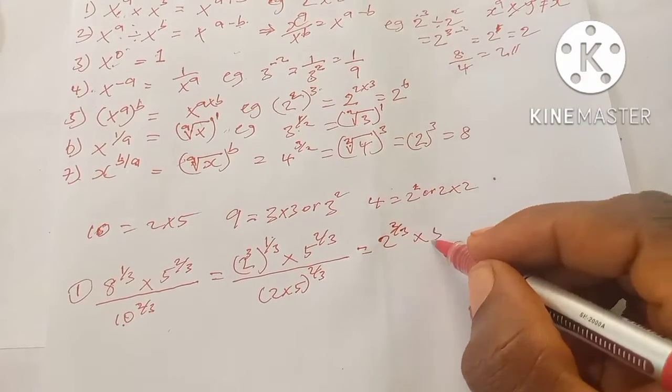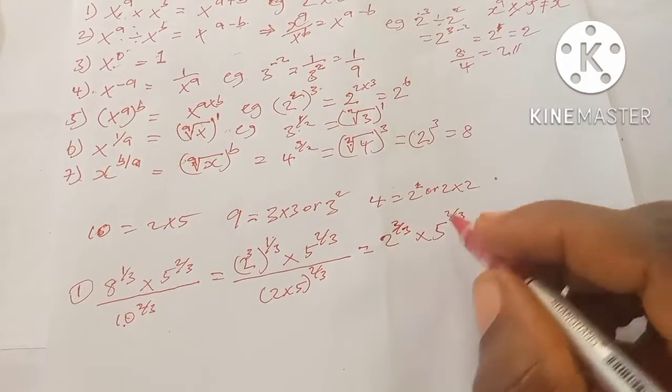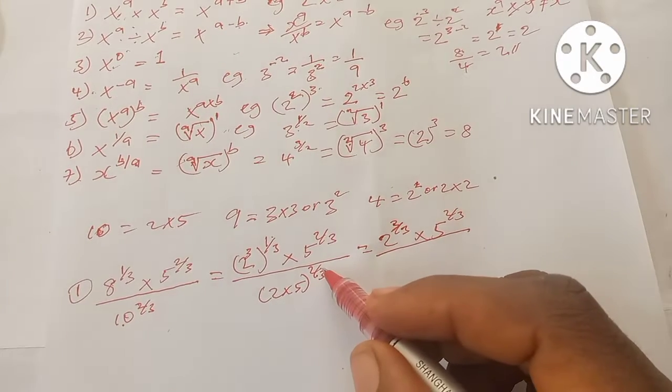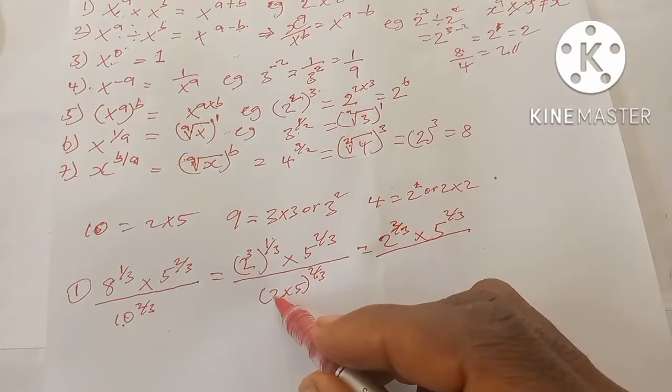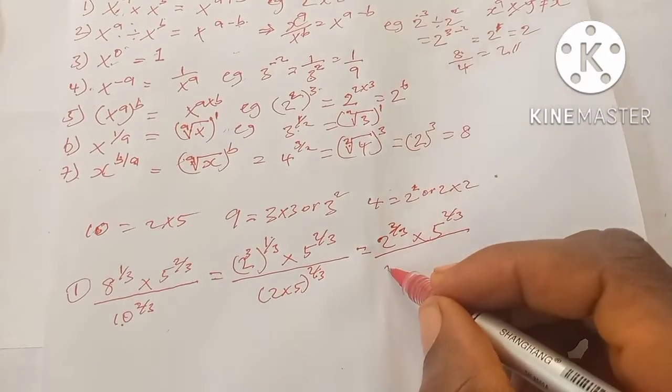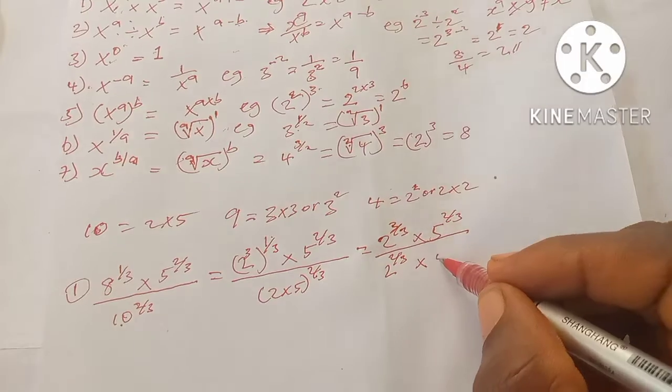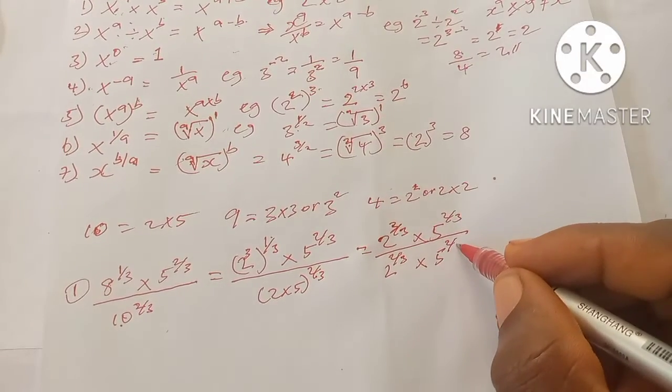Then times 5 to the power 2 over 3, all over. We are going to distribute this 2 over 3 to 2 and 5. So we have 2 to the power 2 over 3 multiplied by 5 to the power 2 over 3.